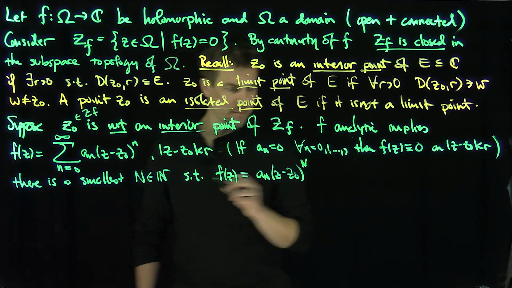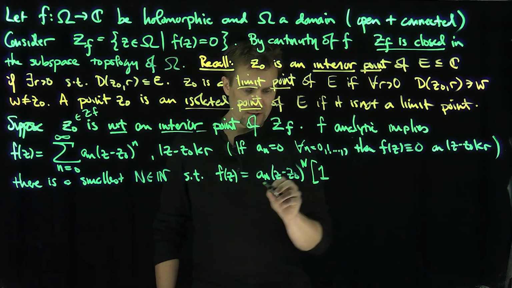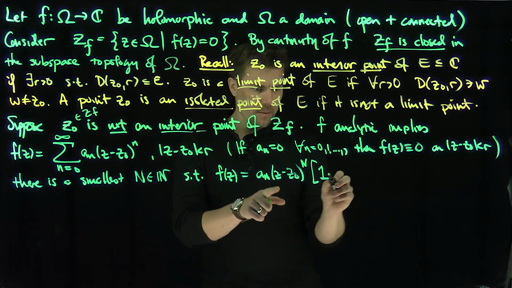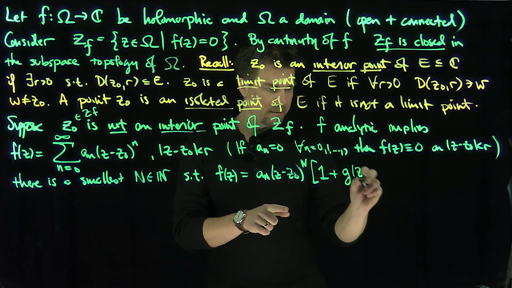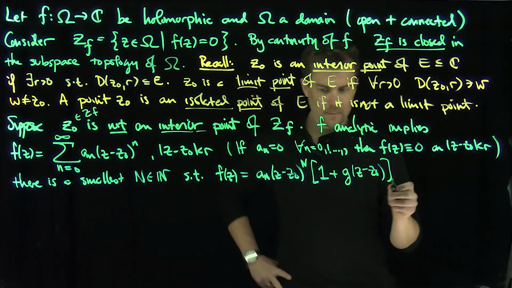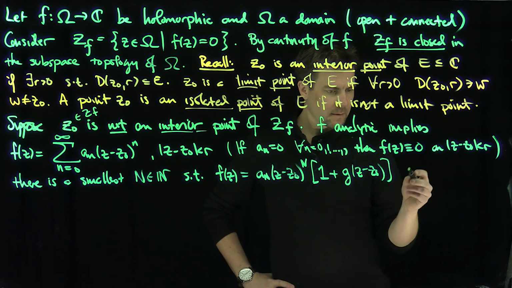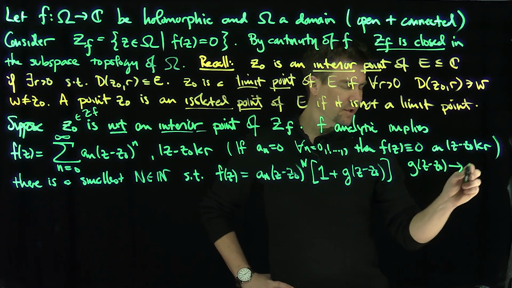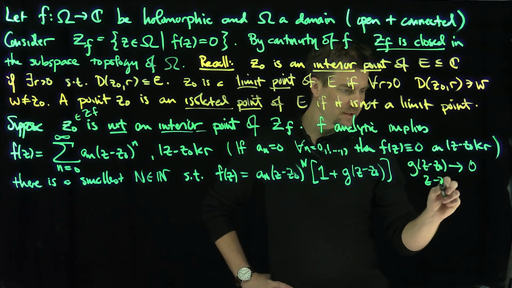So I factor that term out, and that was the first non-zero term, the n-th term. Then plus a function g of z minus z0 that tends to 0 as z goes to z0.